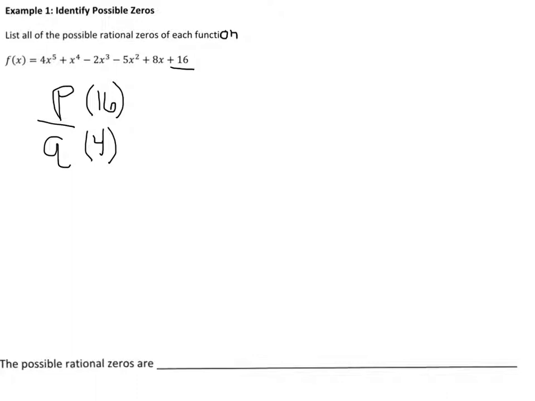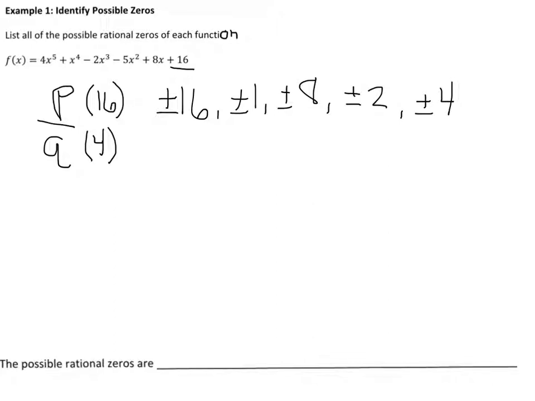So now we need to list out all of the possible factors of P and all of the possible factors of Q. The possible factors of 16 are plus minus 16, plus minus 1, plus minus 8, plus minus 2, and plus minus 4.